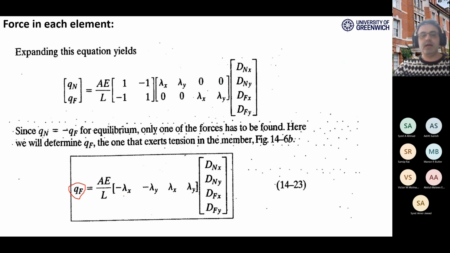For every element, you have lambda x and lambda y. And you have the deformations for the near end and for the far end. You already have them.